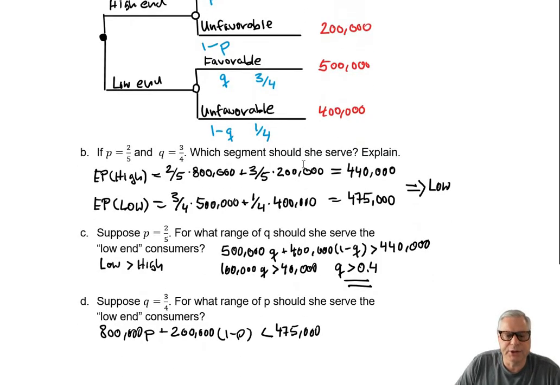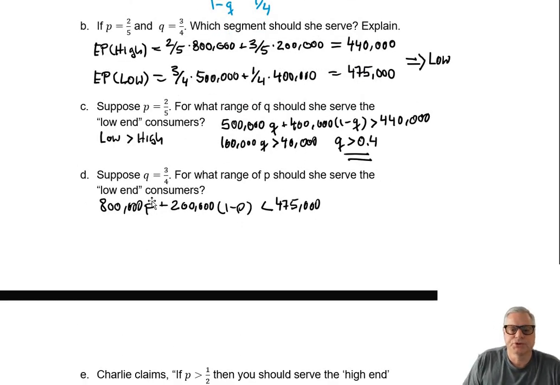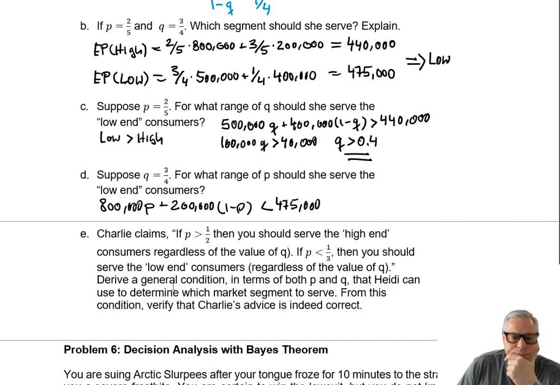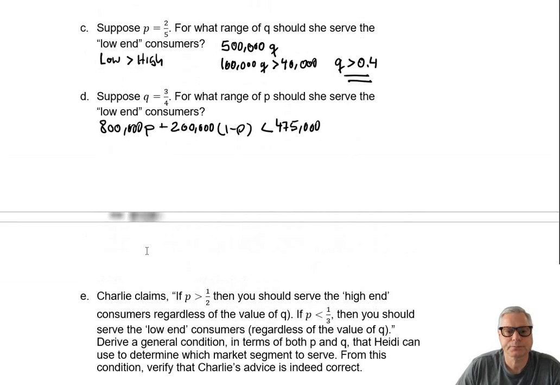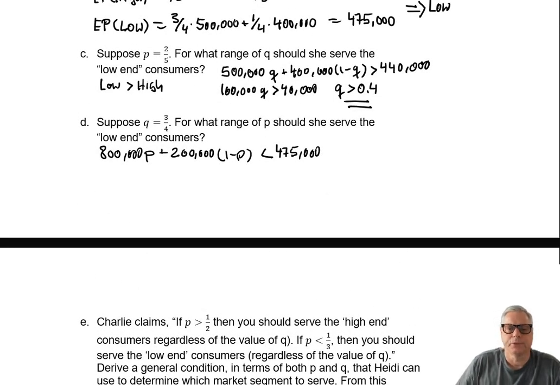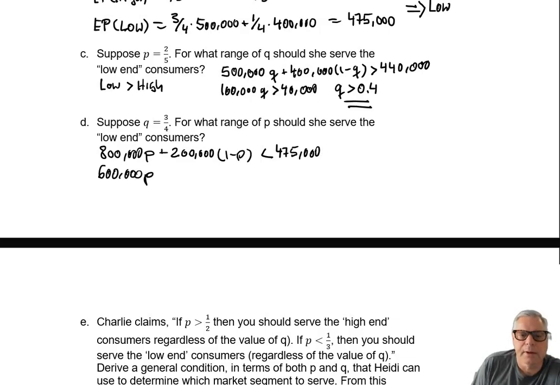Okay, so this is what we need to solve. Now, again, we have here 800,000 P minus 200,000 P, so that leaves us with 600,000 P. And then I have here the 200,000, but I already subtracted that on both sides.